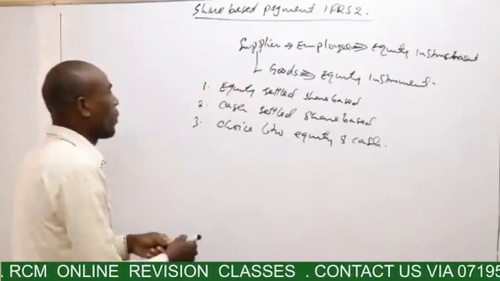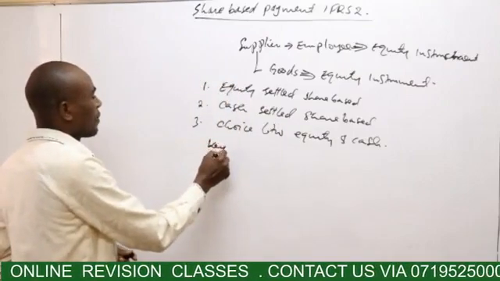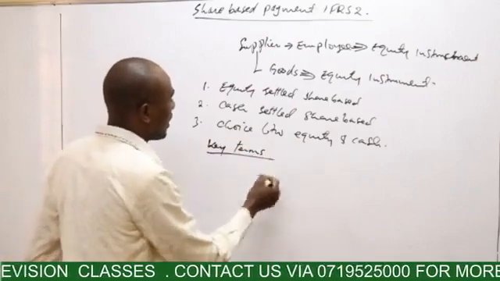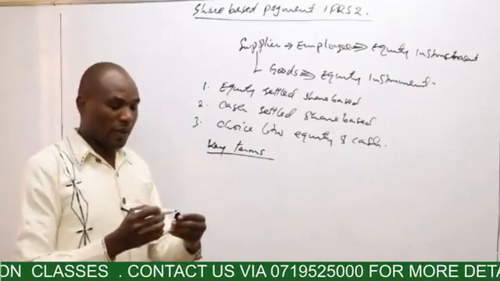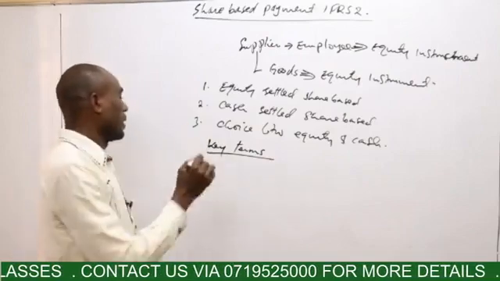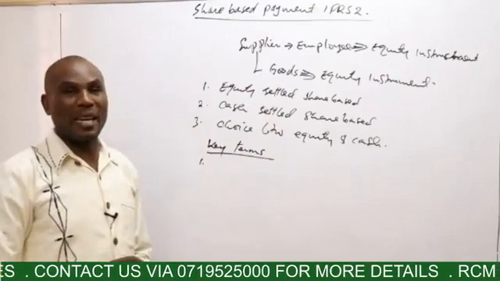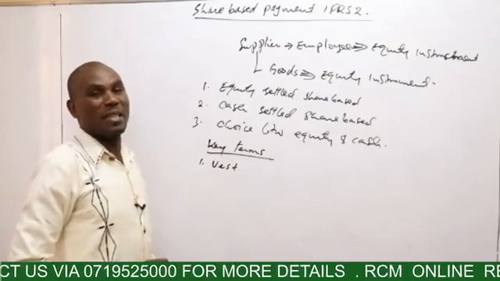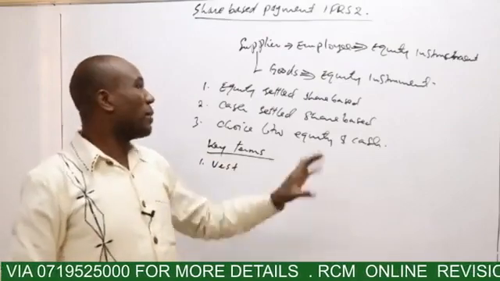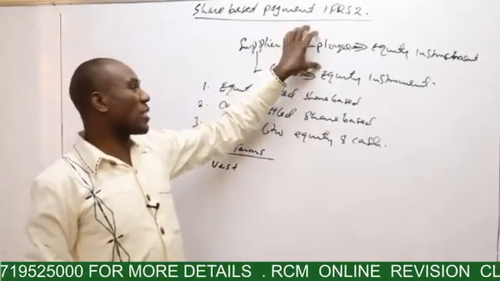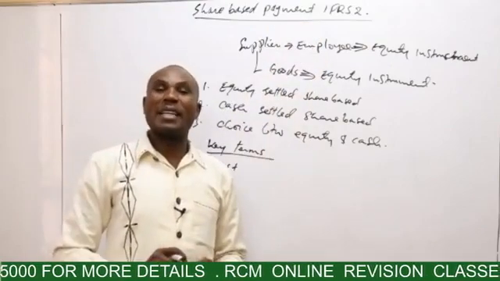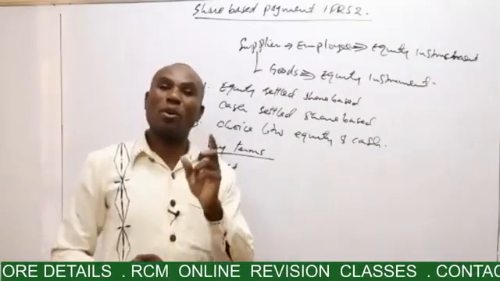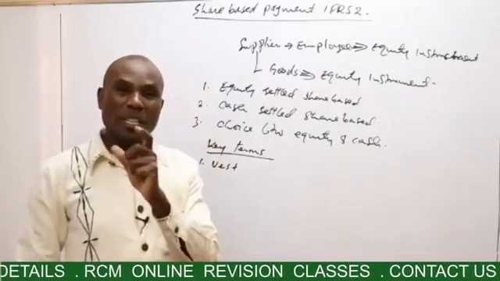Now, good friends, before we go far, there are some key terms in share-based payment that we need to understand. Number one term is to vest. To vest means to become entitled. For this transaction to happen, an entity, because it's compensating the employees, can have some conditions that you must meet before you qualify.